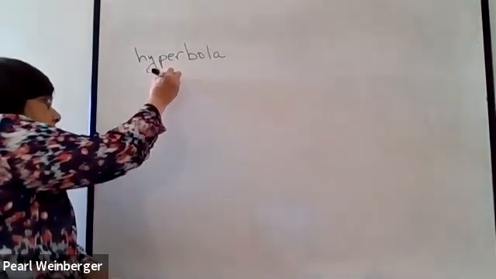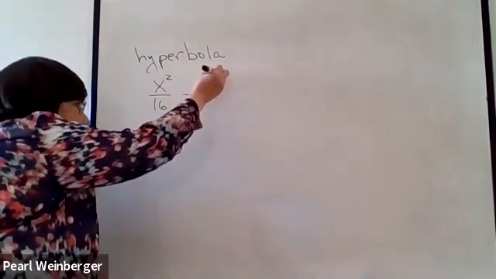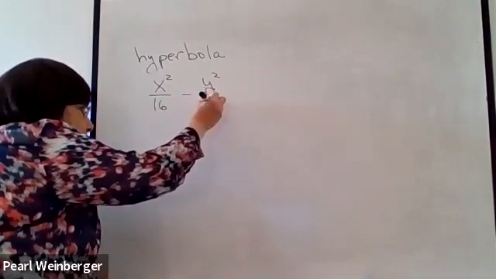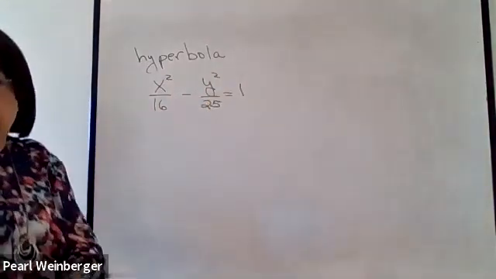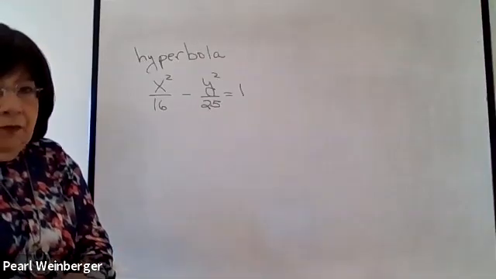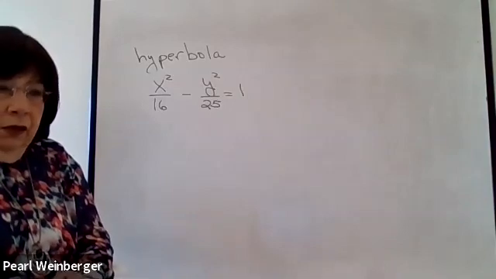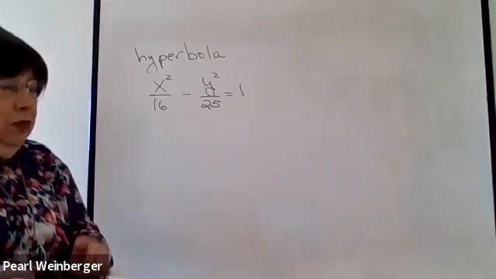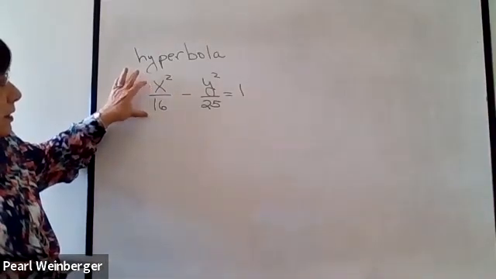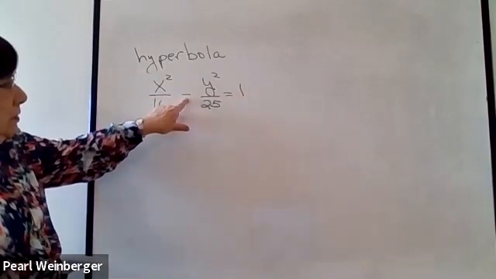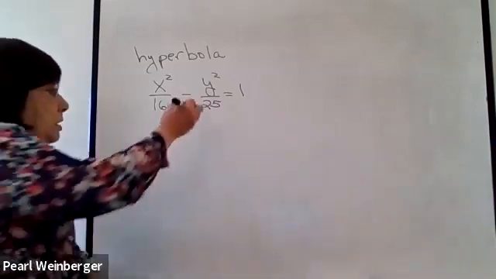I'm going to give you an example. Suppose I gave you x squared over 16 minus y squared over 25 equals 1. If you think about this, this is really as if this was a plus.